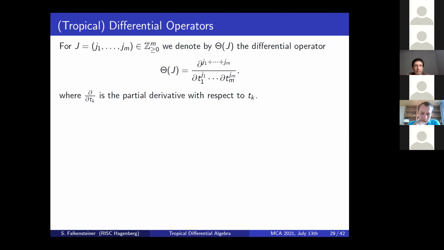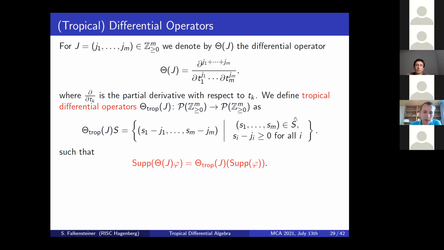Okay, so far we have seen how to deal with multivariate power series in the tropical world, but now we also want to take account of the differential operators. Here we have a differential operator given simply using the partial derivatives, and we use the notation theta j, which makes it easier to read.